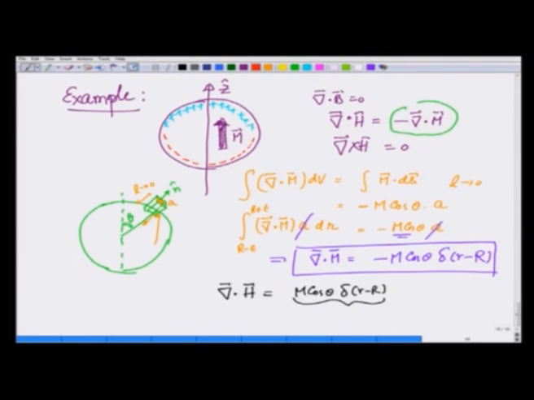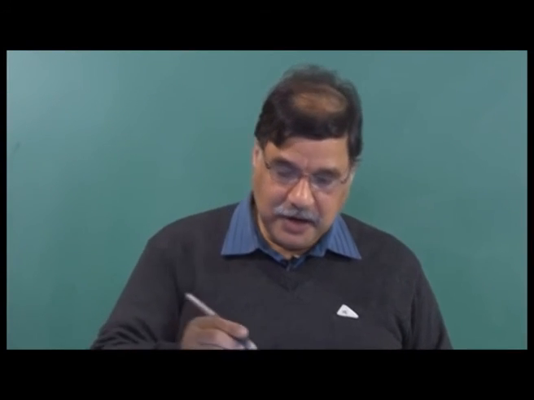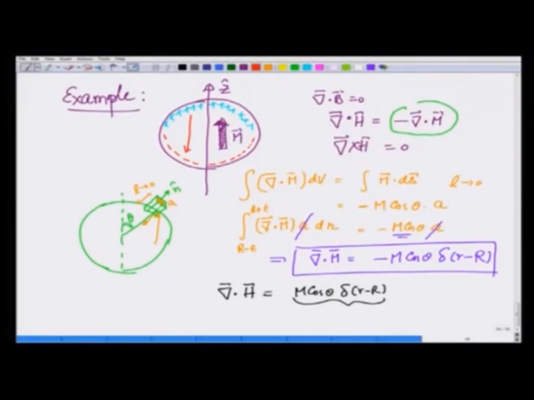And I am calculating H. This becomes exactly like the sphere problem, where we had a polarization in the z direction, which gave me sigma cosine theta as the surface charge, and therefore, H is going to be in the opposite to z direction.